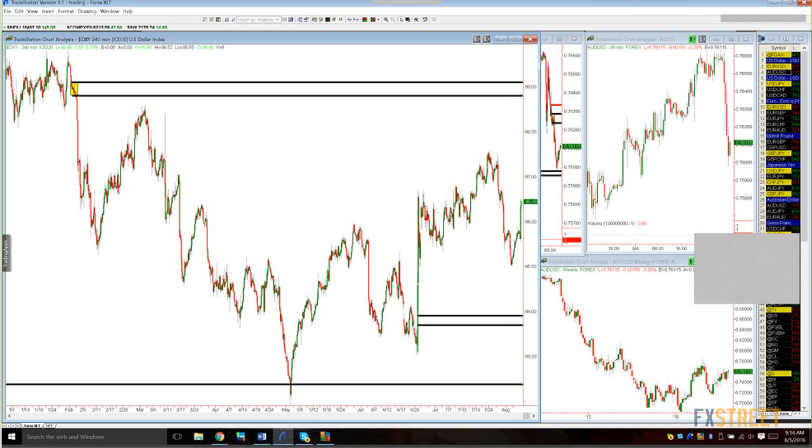But now if we come back down to the 60-minute, 30-minute, you can see why the dollar is struggling right here. The dollar is struggling at this congestion right here. It hasn't even gotten into these two areas sitting right up here. So it looks like the sweet spot for a turning point in the dollar is likely to come up in this range.